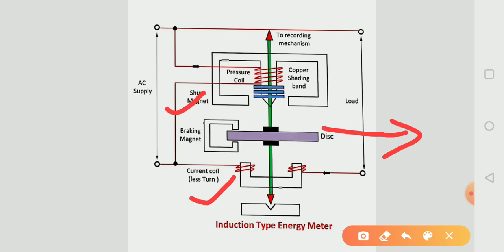The aluminium disc rotates in the magnetic field, and the speed of rotation is proportional to the power supplied, which is consumed by the appliance. In the series magnet there are few turns of thick wire, and in the shunt magnet we have many turns of wire.